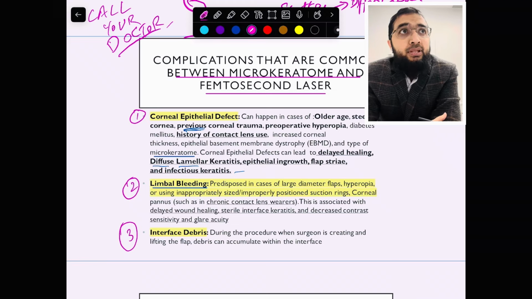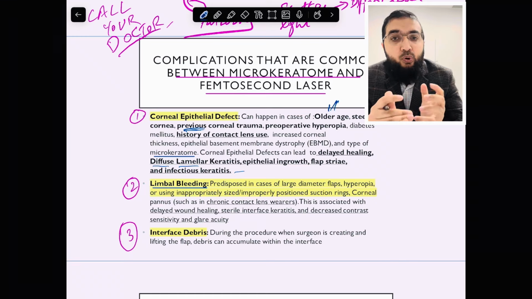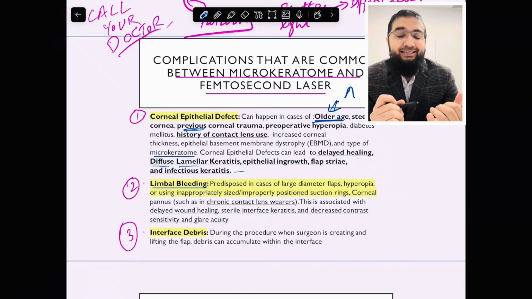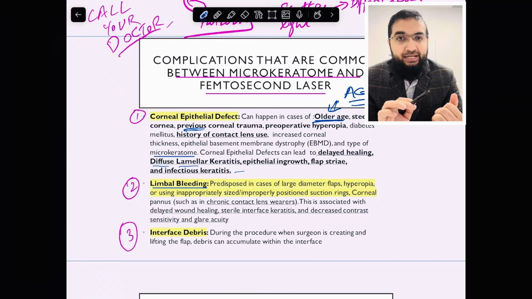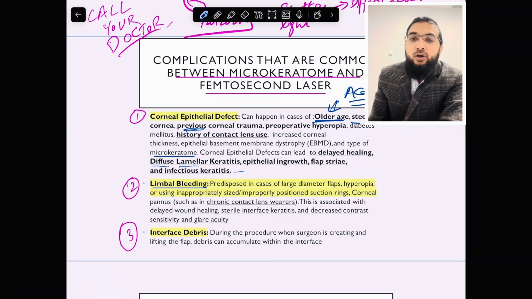Okay, so the corneal epithelial defect can happen in case of older age. That's why, if you go back to my video, one of my selection criteria was age. An old patient who wants LASIK surgery can have more chances of corneal epithelial defect. Or if a patient has a steep cornea with previous corneal trauma, that will make it even worse.